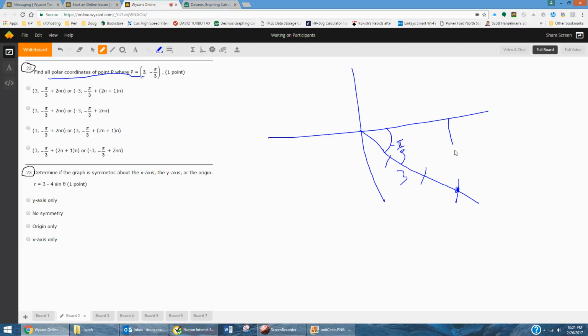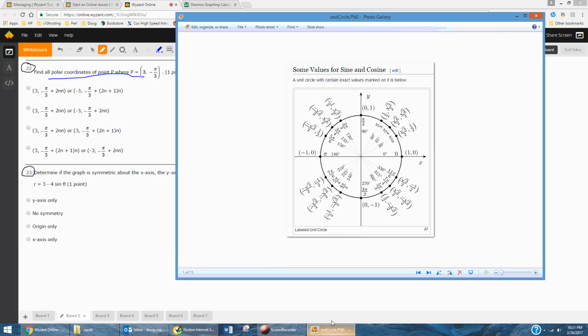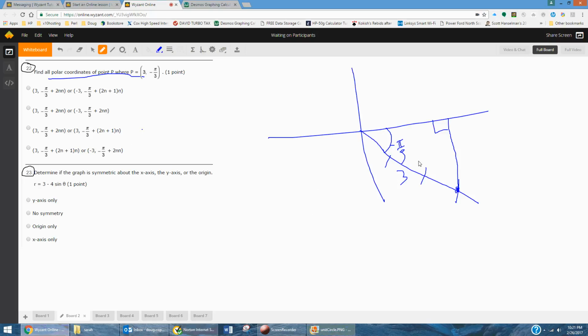Okay. Just so you know how many degrees that is, negative pi over 3 is right here. Oh, I can't draw on here. But that's 60 degrees. So this is like negative 60. Okay, so let's see what our choices are.